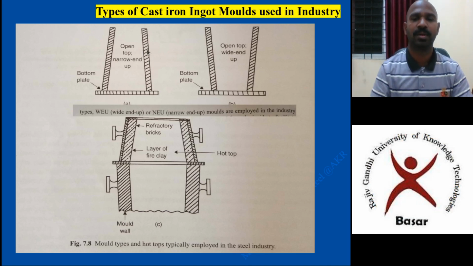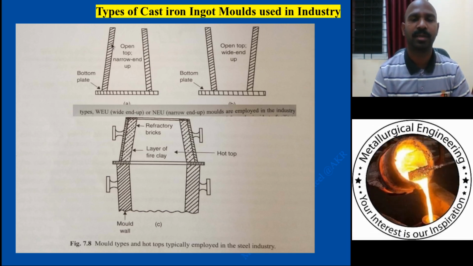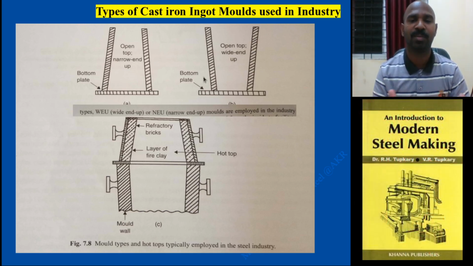It is protected with brick lining and made of cast iron, tapering towards the bottom or towards the top. This is the wide end up, this is the narrow end up. These kinds of molds were in practice before the development of the continuous casting process.